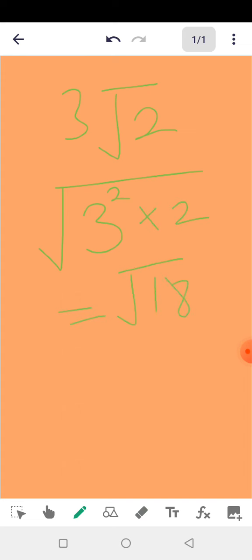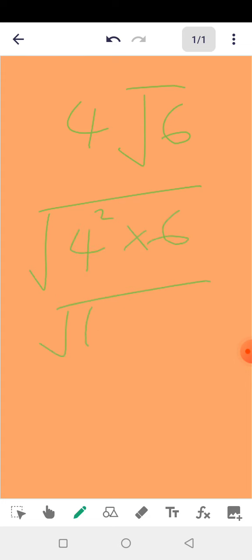Maybe we should just take one more for clarification again. Guys, one more. Now let's say I have 4 root 6. Now for 4 root 6, I will have a big square root, 4 squared times 6. That will be square root of 16 times 6. Now guys, what's 16 times 6?